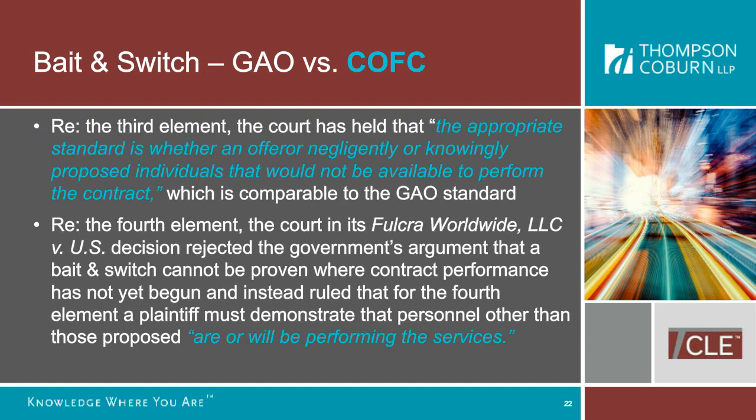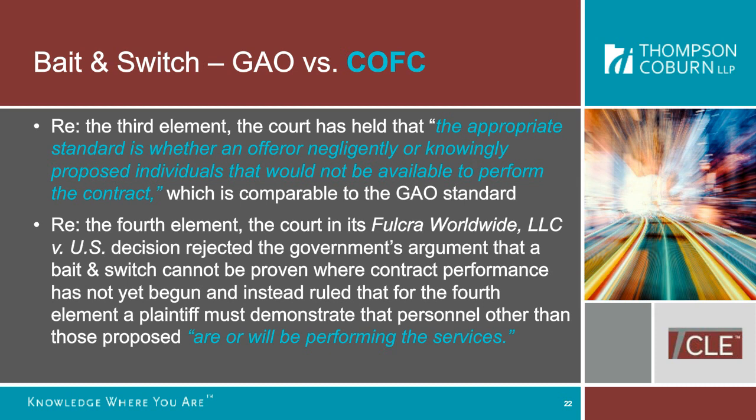that you'll see here. At the GAO, again, the standard is knowingly or negligently represented these personnel would be available and didn't have a reasonable basis to expect performance. At the court, it's really focusing on this: three of these four elements are fairly easily established, and it comes down to this foreseeability element.